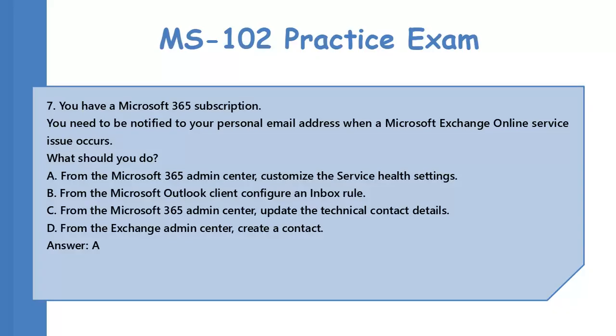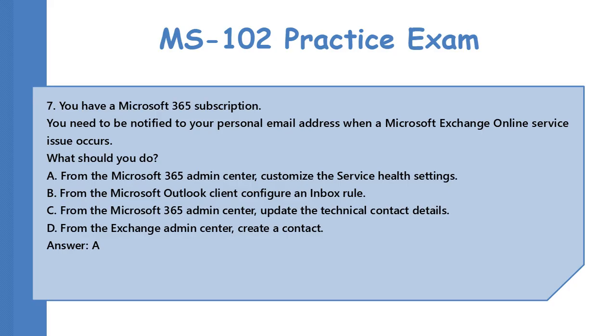7. You have a Microsoft 365 subscription. You need to be notified at your personal email address when a Microsoft Exchange Online service issue occurs. What should you do? A. From the Microsoft 365 Admin Center, customize the service health settings.